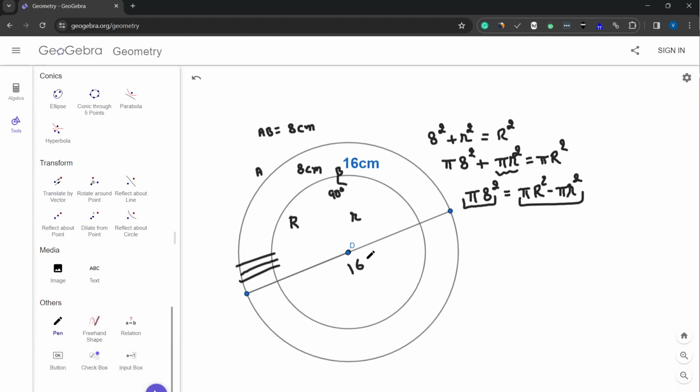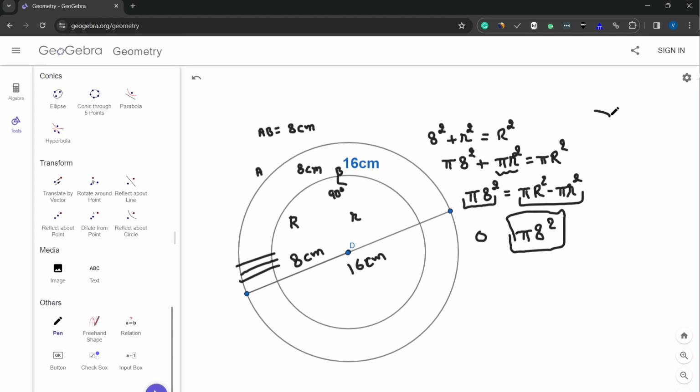This entire length is still 16 centimeters, which means the radius of the inner circle is now zero, and the radius of the outer circle becomes 8 centimeters. The area of the smaller circle is zero, and the area of the outer circle is pi 8 squared, which is our answer.